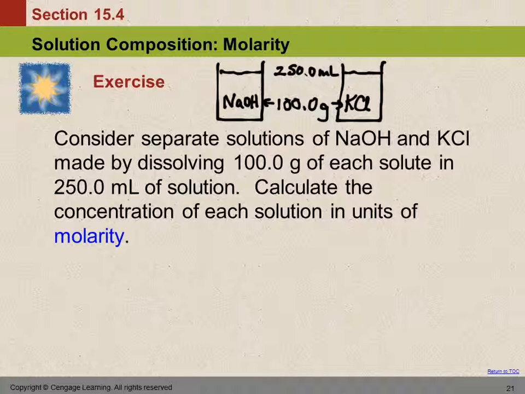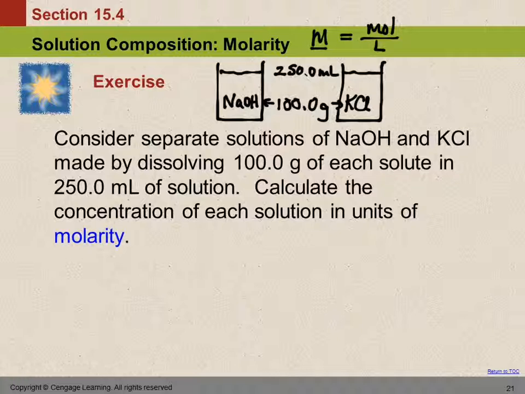So they're giving a mass of a solute and the volume of solution in milliliters. And they want the molarity. So molarity equals moles per liter. They gave us grams and milliliters. How thoughtful. This is usually what happens, though, because we measure things on the balance in grams, right?